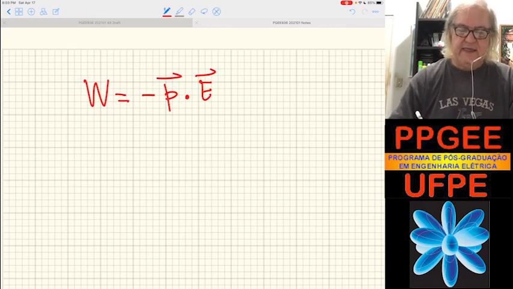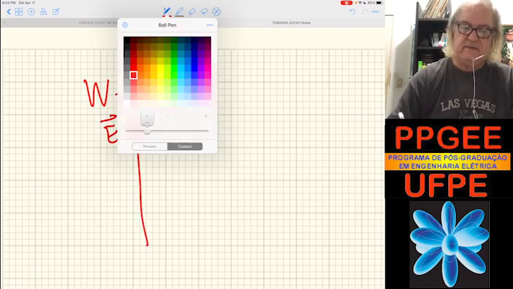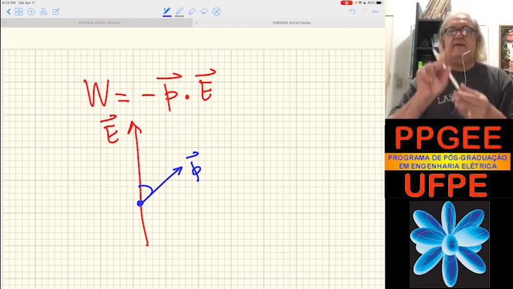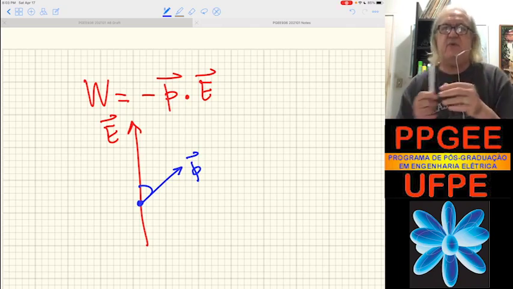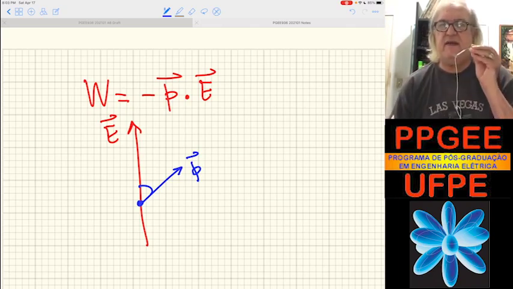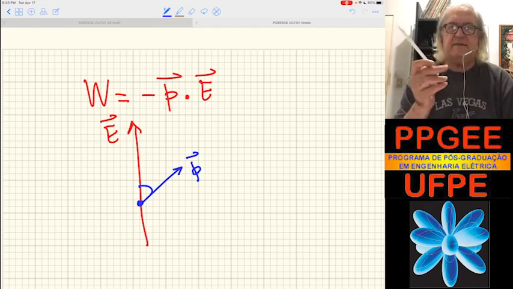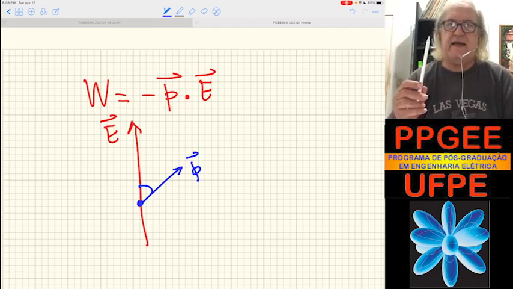So what's the tendency if we have an E field applied to a dipole? Well, if we have a dipole and the system has no relaxation effects, no losses, the tendency is for the dipole to keep a constant angle, precessing around the axis of the field. But this dipole is not isolated.